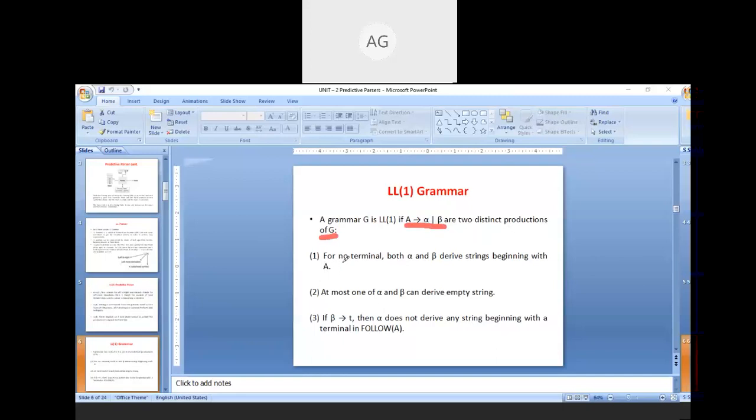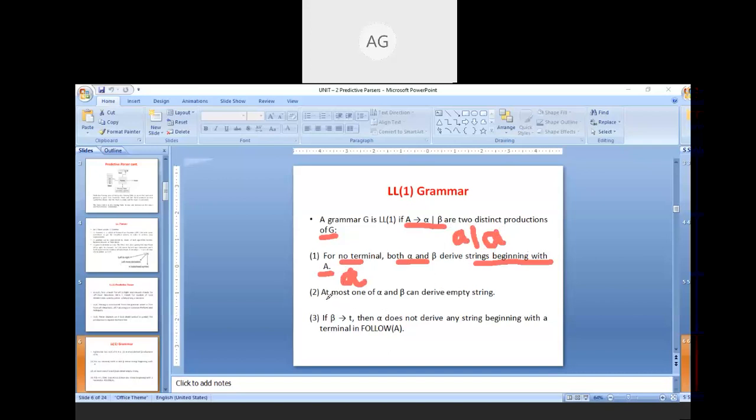The first condition is that for no terminal a do both alpha and beta derive strings beginning with a, because the grammar should not have left recursion. You should not confuse small a with capital A. Here small a is a terminal, and alpha and beta cannot both start with it.